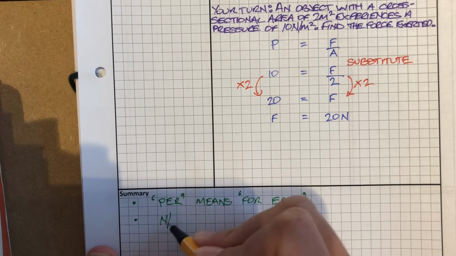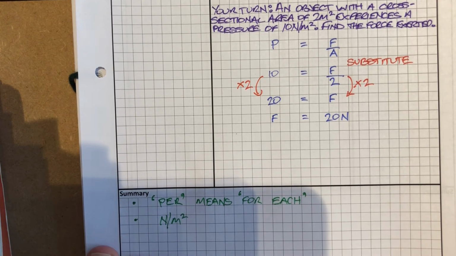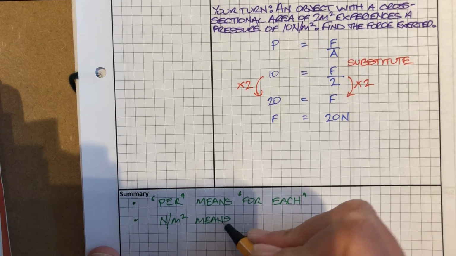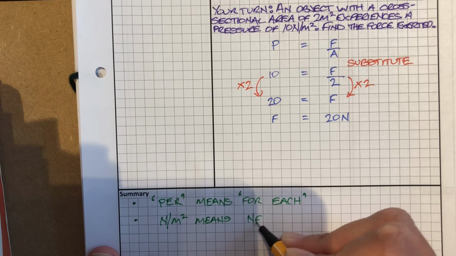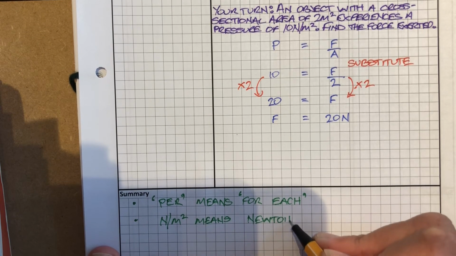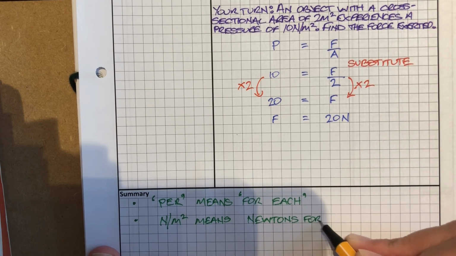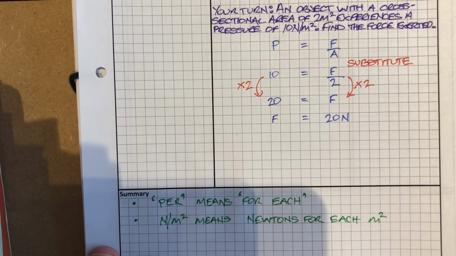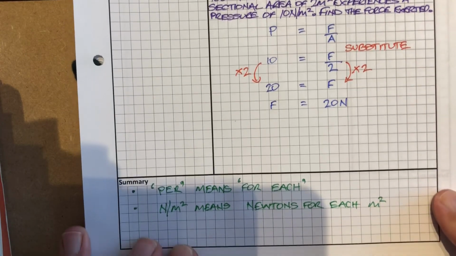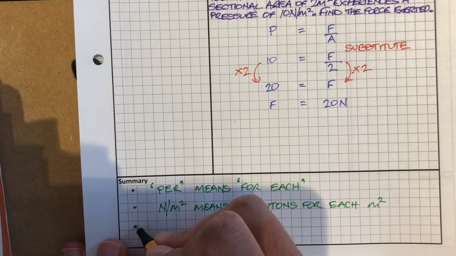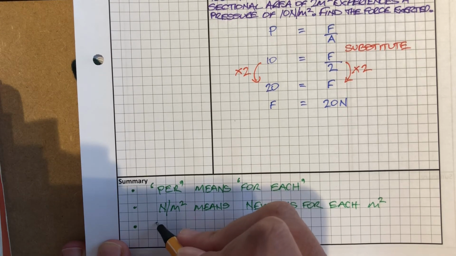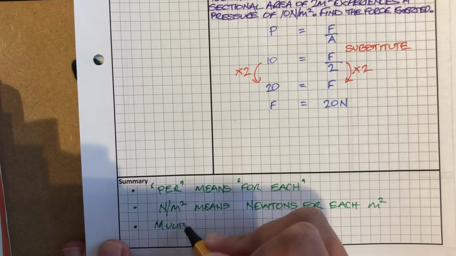Could be written like this instead, newtons per square metre, and that means newtons for each square metre. If we know the newtons and we know the square metres, then we can multiply those together.